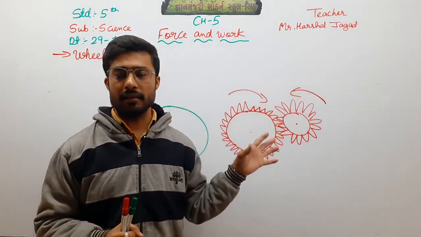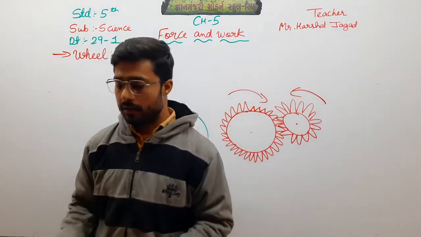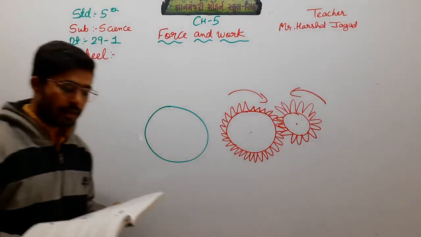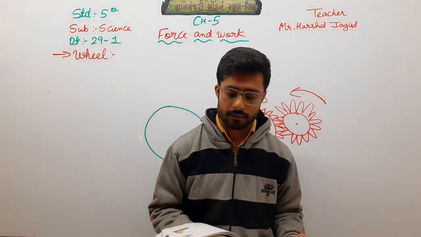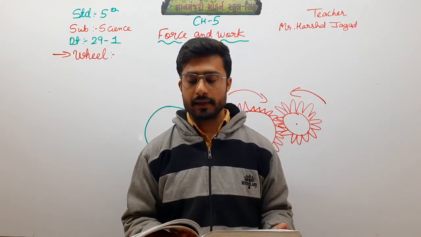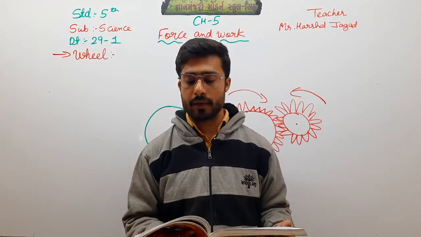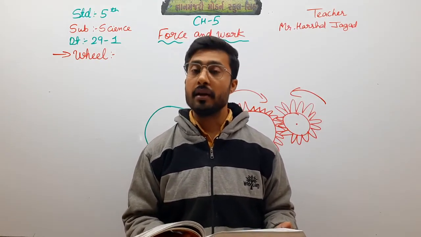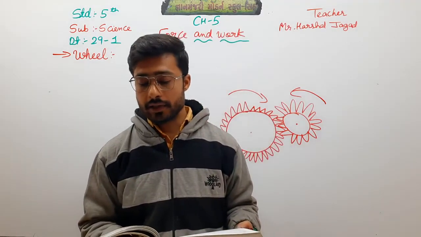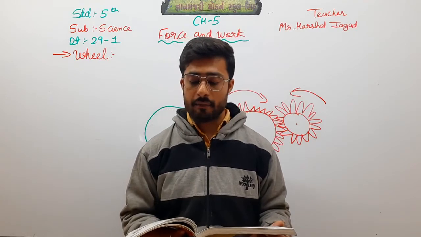So gears are used in many places. Again I am just reading about the wheel. The wheel was one of the greatest inventions of early human beings. Cars, buses, bicycles, and most modes of transport run on wheels. Planes land on wheels. Even ships have wheels in their engines and machinery.